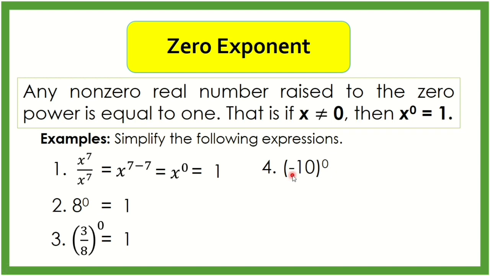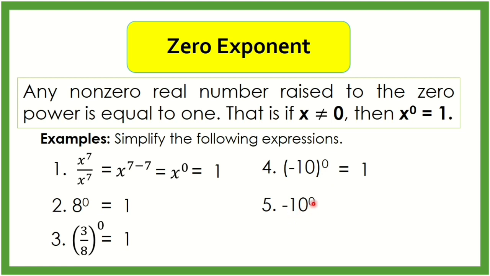Number 4. We have the quantity of negative 10 raised to 0. So, ang base natin is negative 10. Ang exponent niya is 0. This is also equal to 1. Let us have number 5. We have negative 10 raised to 0. As you can see, wala tayong parenthesis dito sa negative 10.